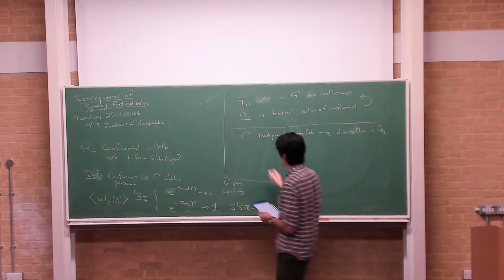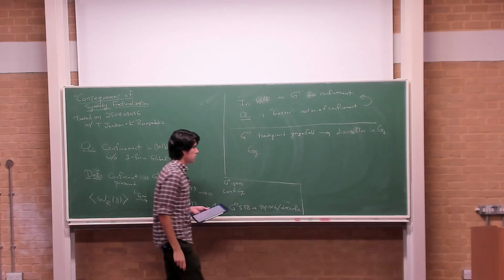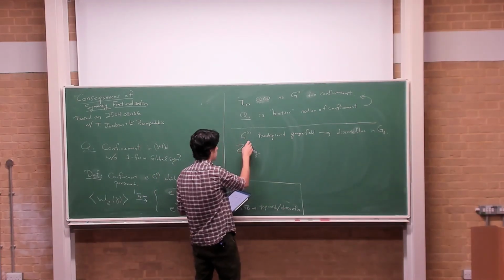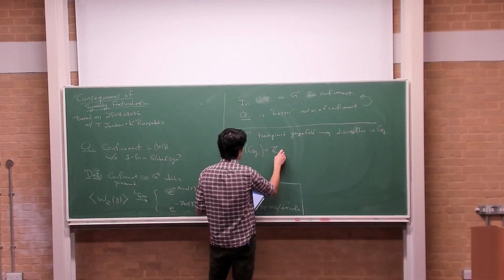So here I'm considering some gauge group G, and I also want to take the center of the gauge group to be some Zn.